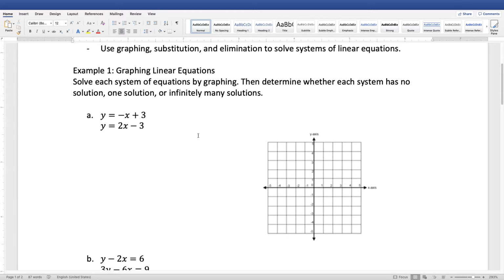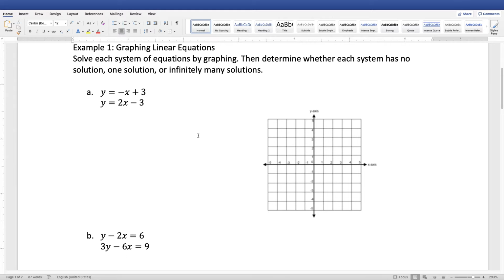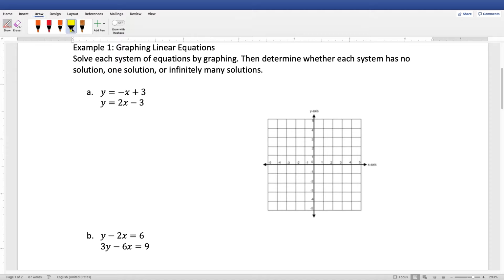And with graphing, what we are looking for is a point of intersection. So we're trying to see if this has no solution, one solution, or infinitely many solutions.